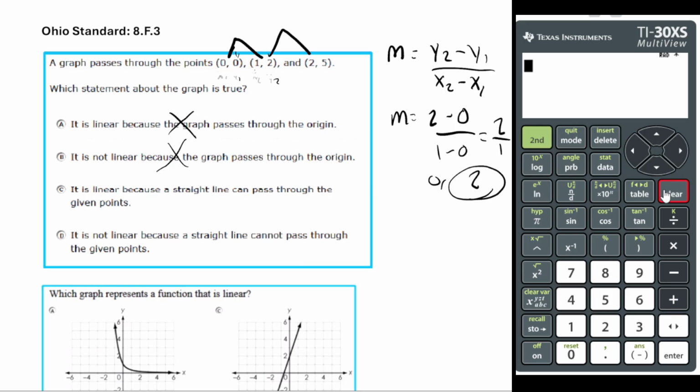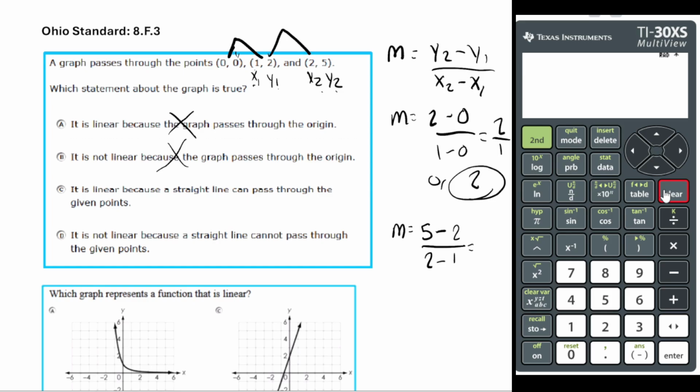Now let's compare that to the slope of another set of points: (1, 2) and (2, 5). We'll calculate the slope again. We'll label our x1, y1, x2, y2. y2 in this case is 5, y1 is 2, over x2 is 2, x1 is 1.